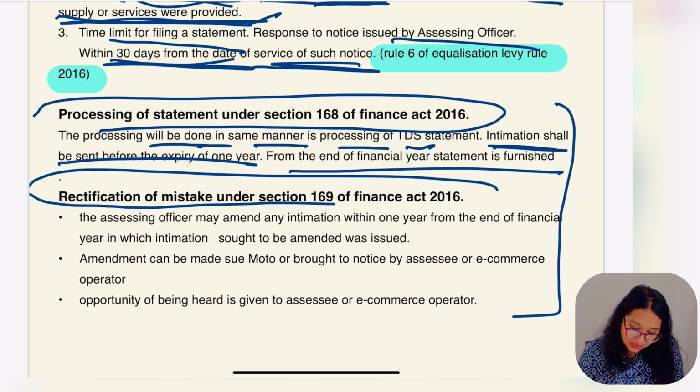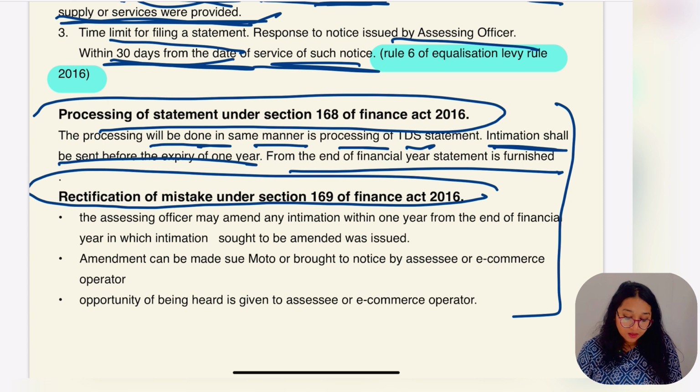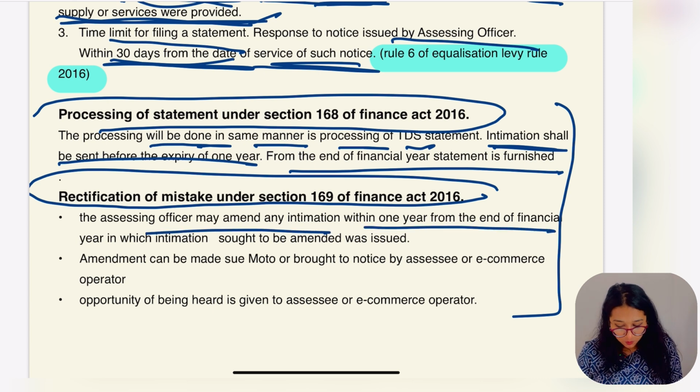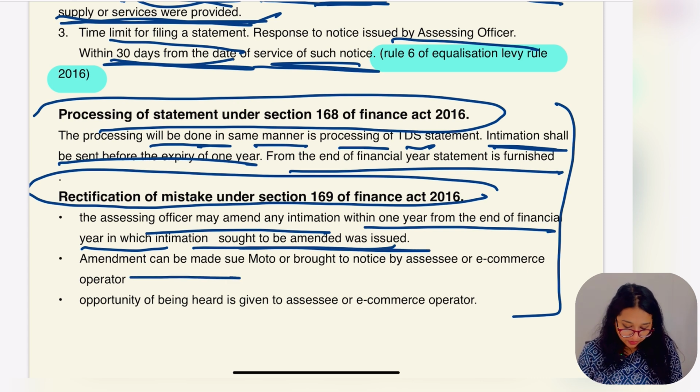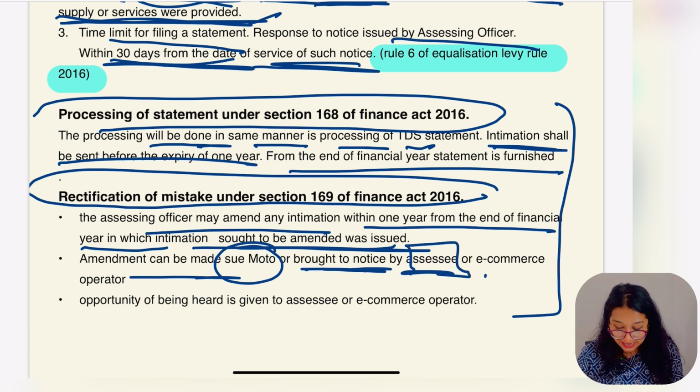Now rectification, is it possible that a mistake can be rectified? Yes, the mistake can be rectified under section 169 of the Finance Act. The assessing officer may amend any intimation within 1 year from the end of the financial year in which the intimation sought to be amended was issued. Amendment can be made suo motu or when brought to notice by the SEC and the e-commerce operator.